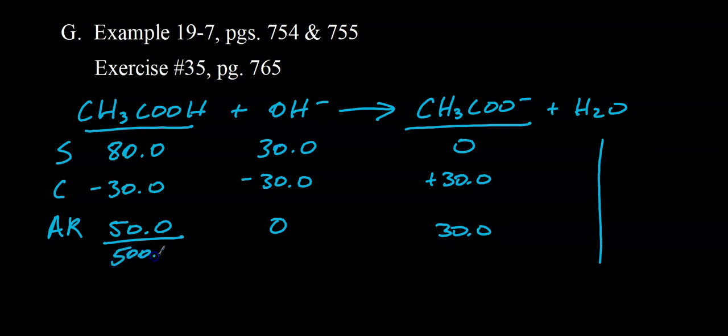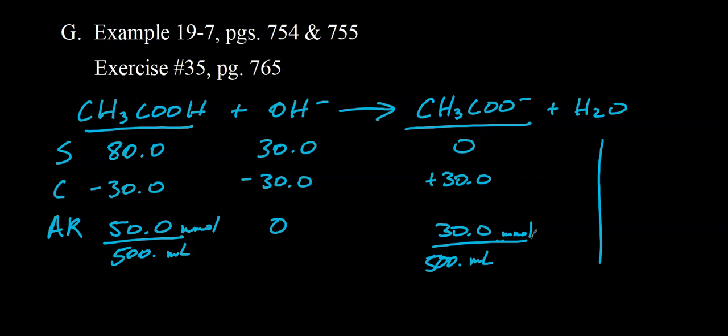So millimoles divided by milliliters equals molarity. That will give you the concentrations of both the acetic acid and acetate. The book actually shows using Henderson-Hasselbalch here, so plug in our values, and you should be able to get the pH from that. And so we get 4.52 is the pH of that buffer solution.